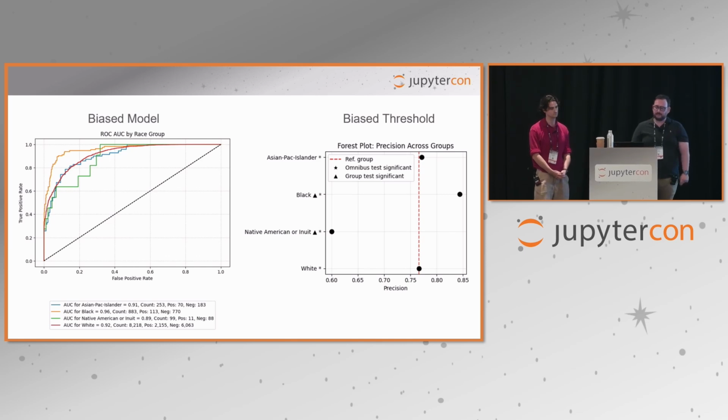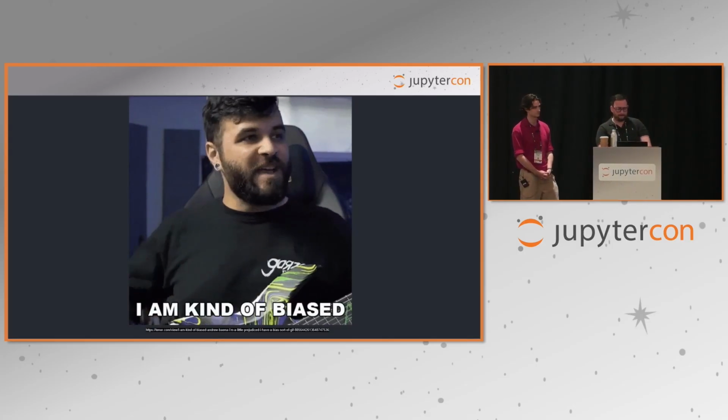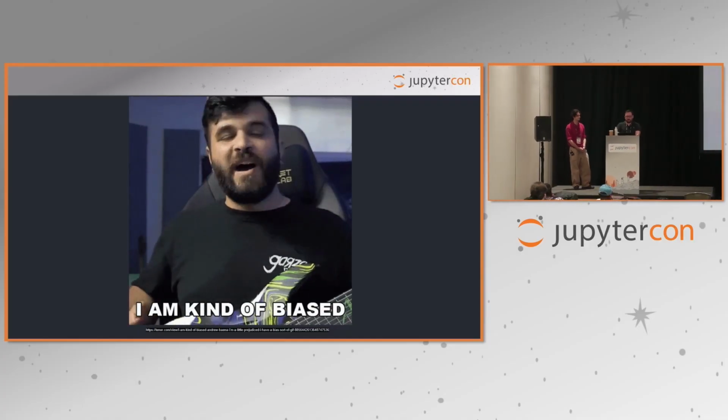So for instance, using the same probability threshold for all groups may systematically favor one group over another if the base rates differ. So as you can see, there are many different types of biases, and we'll help you identify some of these.